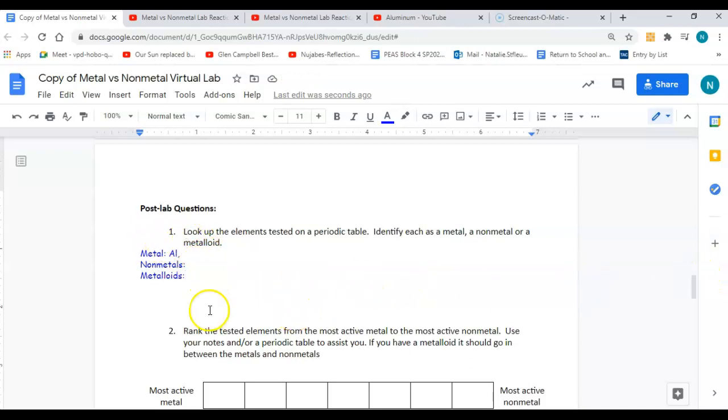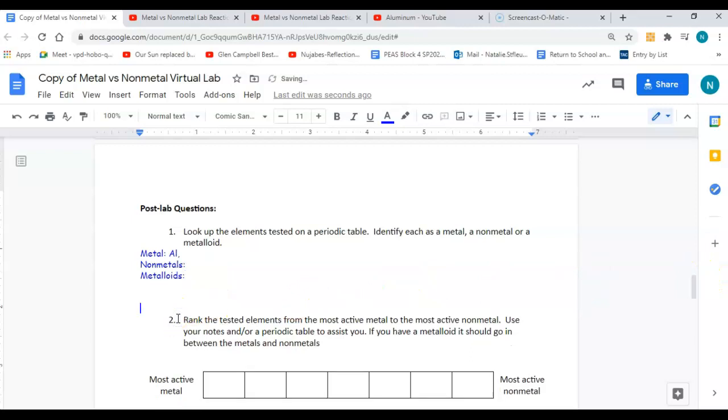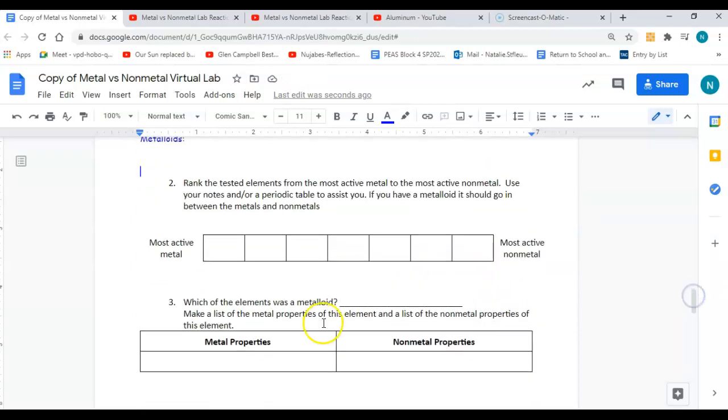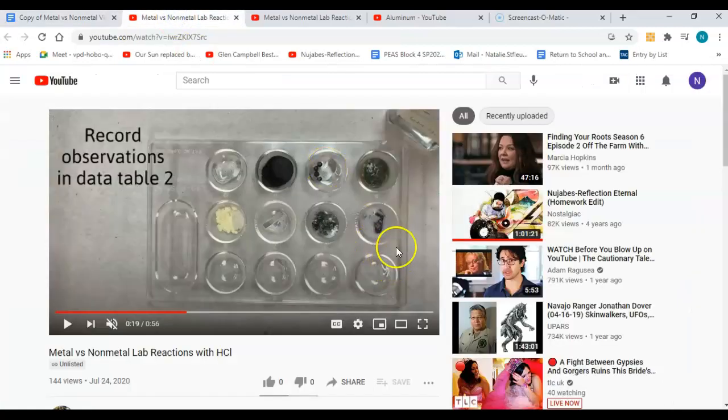The next one is to rank the tested elements from the most active metal to the most active non-metal. So active is just the same as reactive. So if you go back to your reactivity data, and remember, you kind of have to align which one is which. So this first one is aluminum, the second one is carbon, and so on. Let's say, for example, this one is very reactive and that one's very reactive, right?